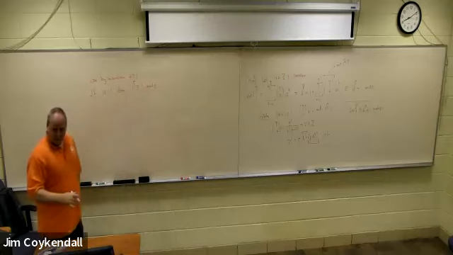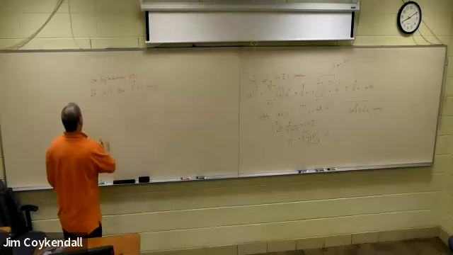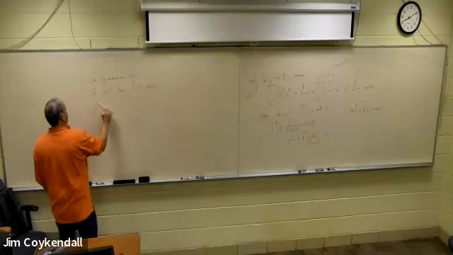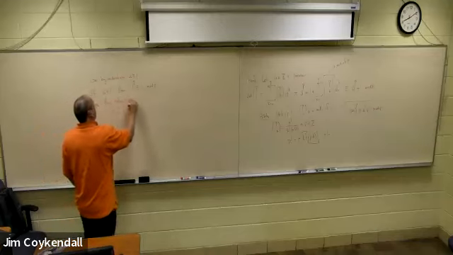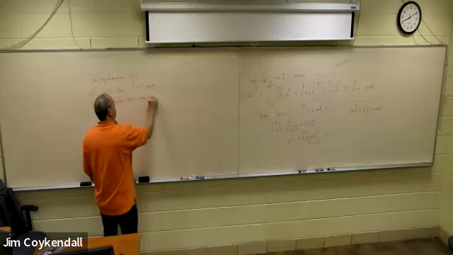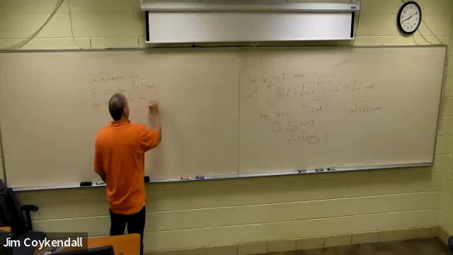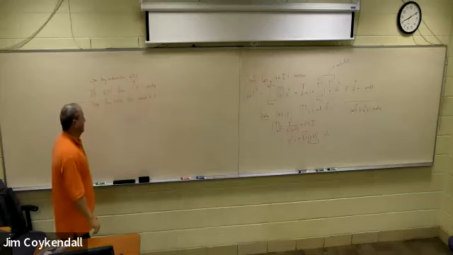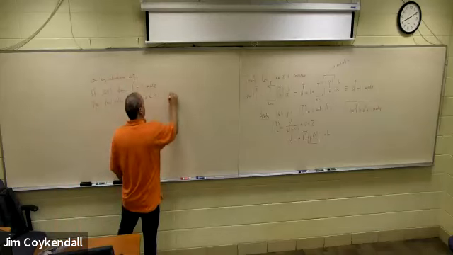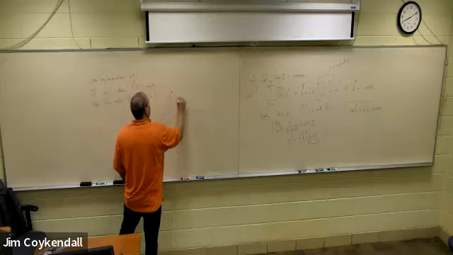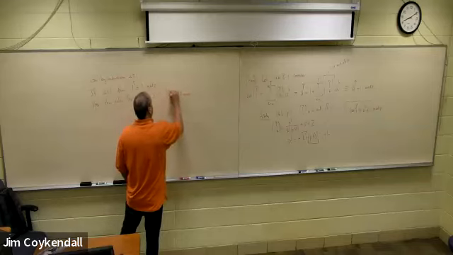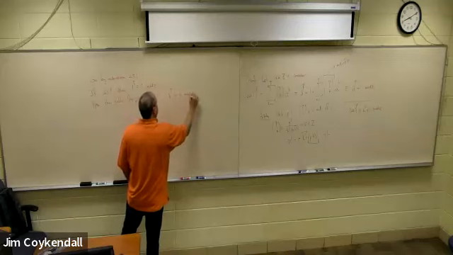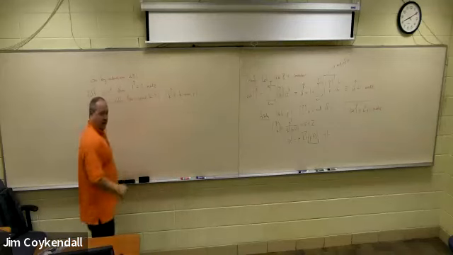No problem there, right? Now suppose this holds for some k greater than or equal to 1. So we have k to the p is equivalent to k mod p. Assume that's true.